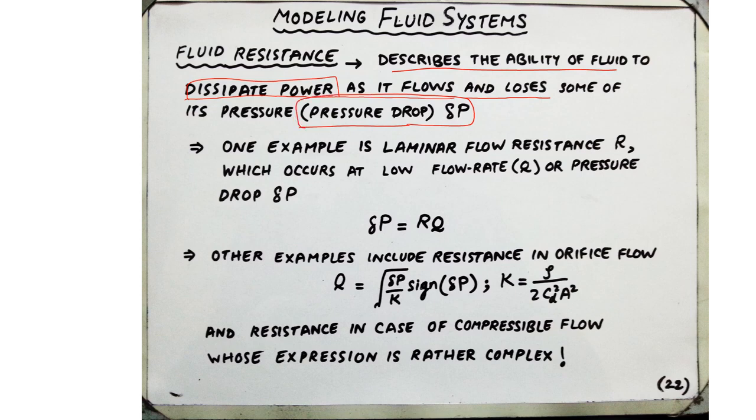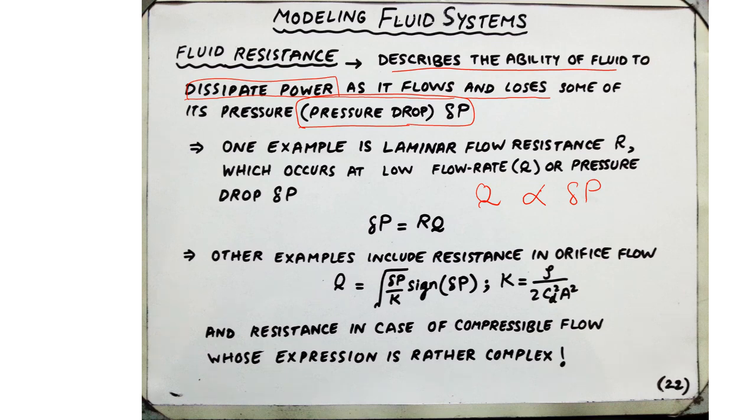Essentially, we are trying to relate the flow rate once again with the pressure difference, but here we are trying to have a proportionality relationship rather than the rate of change of either flow rate or the pressure difference.